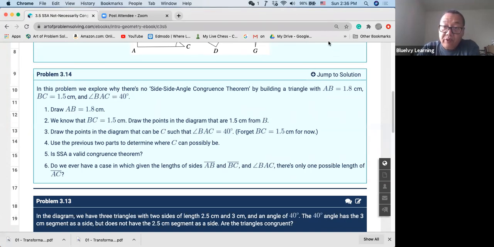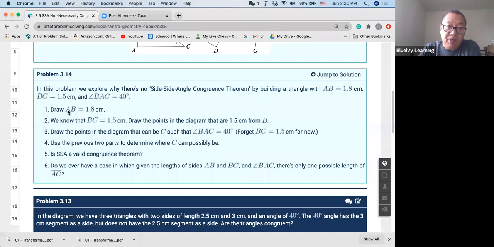In this problem, we explore why there's no SSA congruence theorem by building a triangle with AB equals 1.8 centimeter, BC equals 1.5 centimeter, and angle BAC equals 40 degrees. These are the steps we build this triangle.